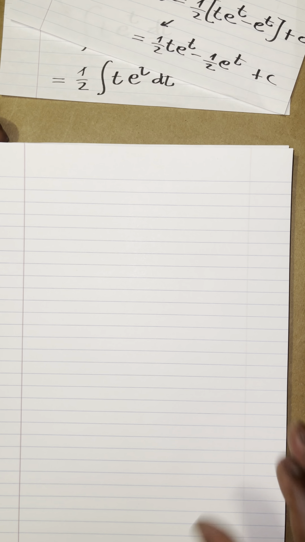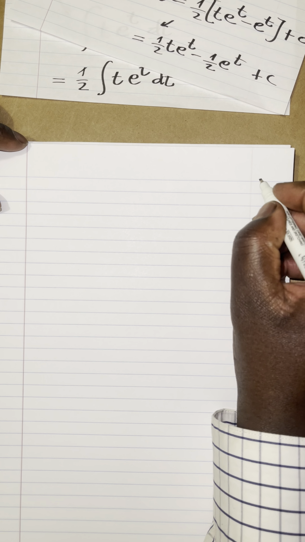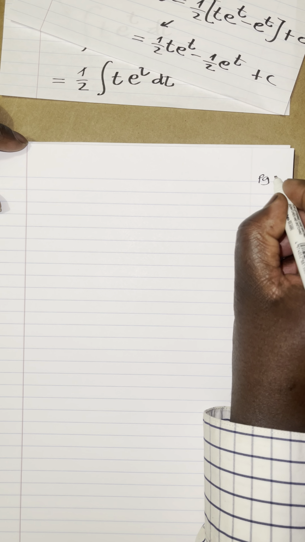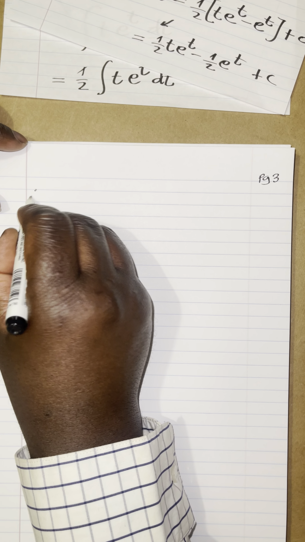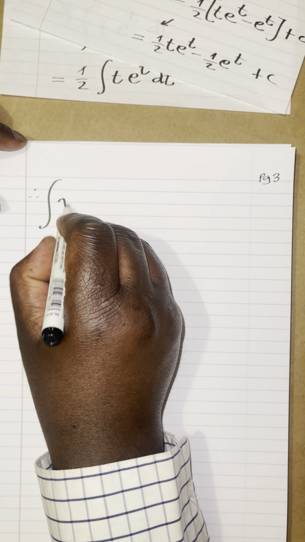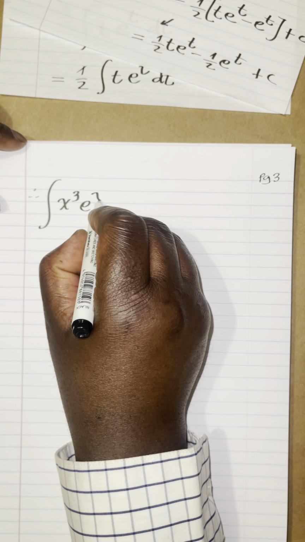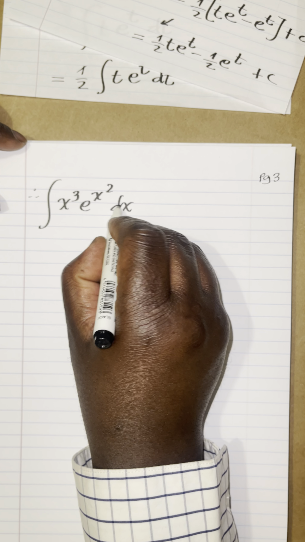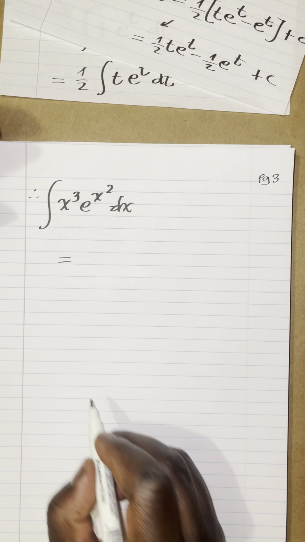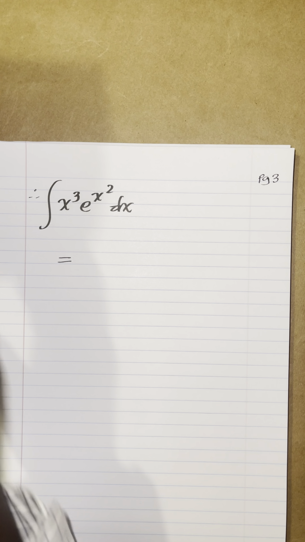So let's conclude then. On page 3, we're going to say, therefore, the integral of x cubed e to the power x squared dx must be equal to, now remember what I said.